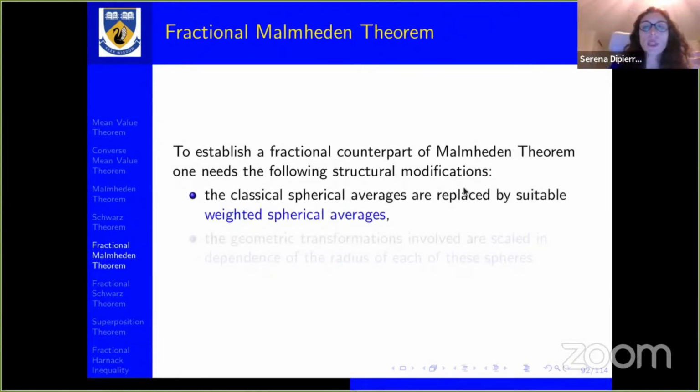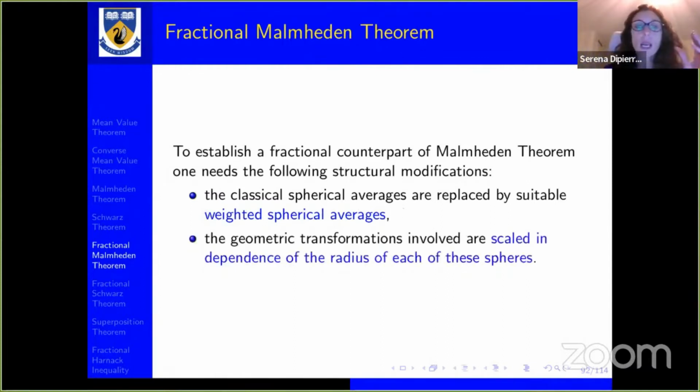So here the modifications that we will employ are the following. The classical spherical averages have to be replaced by suitable weighted spherical averages. So we will have some weights. And then the geometric transformations involved will be scaled in dependence of the radius of each of these spheres. So as you can imagine, we will be integrating outside a ball.